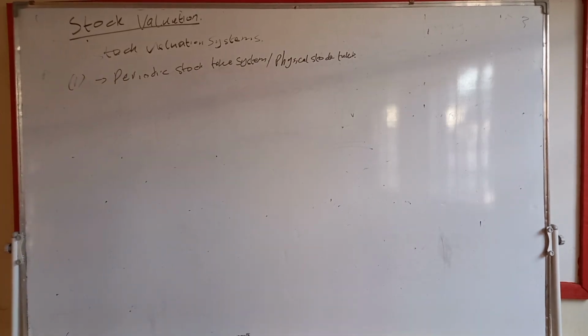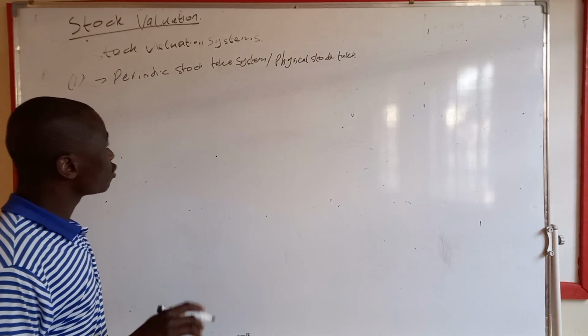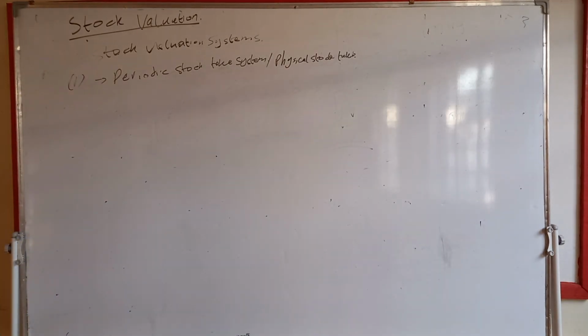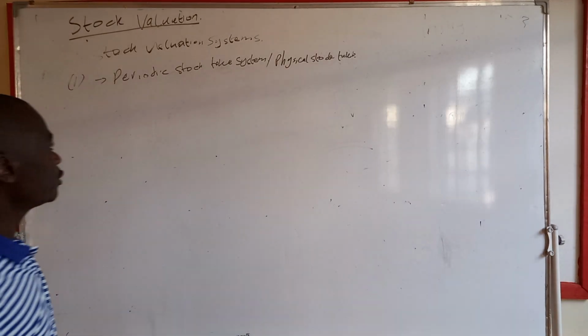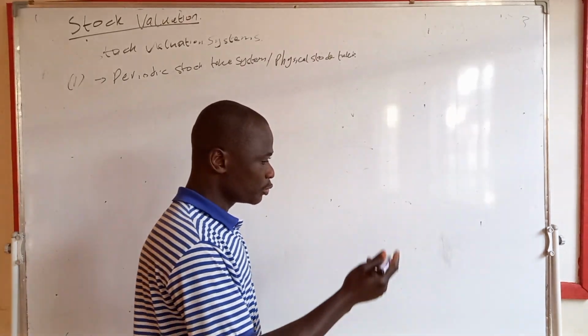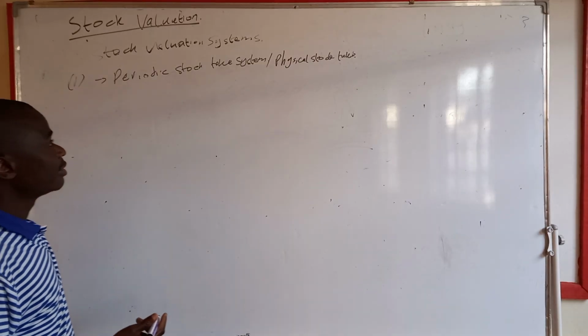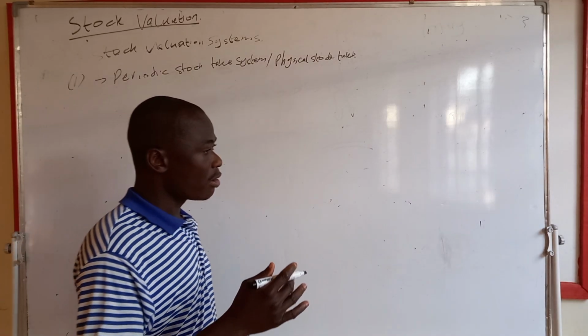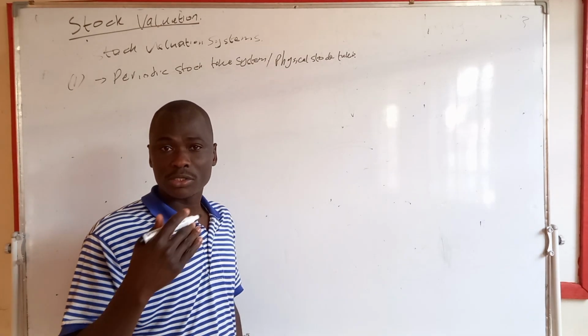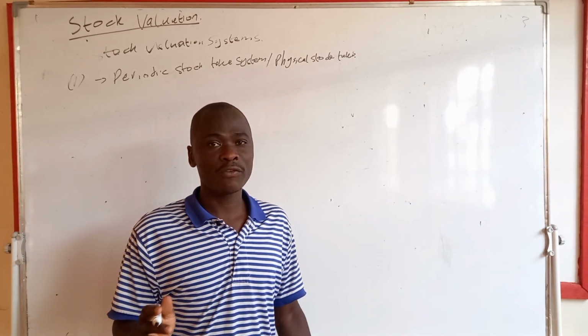This is a system whereby you have a store, and you go to your store and start counting physically, 1, 2, 3. These are the things I have in my stores. You count your stock physically at a given period.